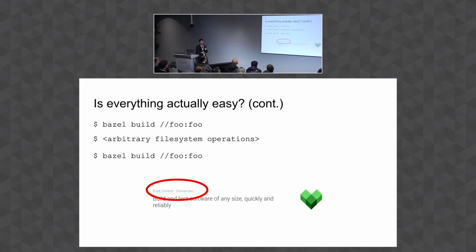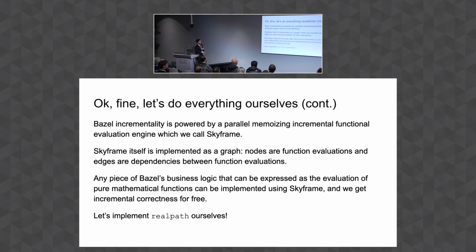Because either you don't handle symlinks, and then you're just wrong incrementally, or on every incremental build, you fully resolve all the symlinks, and then you're not fast. OK, so fine. Let's just do everything. We have an incrementality engine where we express Bazel's business logic in terms of evaluation of mathematical functions.